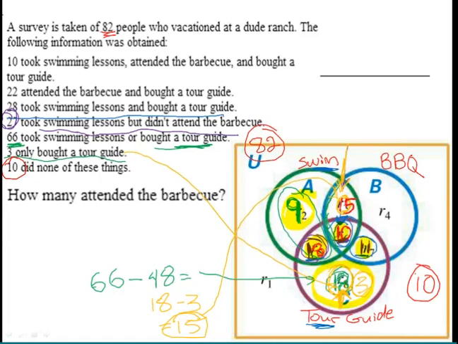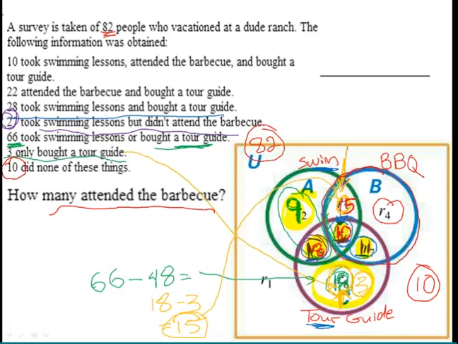So our job says how many attended the barbecue. Okay. Well, what we need to do is not figure out what region 4 is. That's not actually what we're asked to do. What we're asked to do is figure out how many people went to the barbecue.